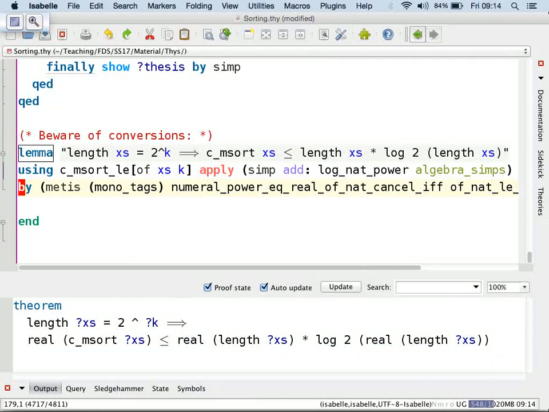If everything is stated in terms of reals, you're okay. But if you have this mixture, then it gets ugly. So that was just a kind of a hint of the complications that can enter the picture if you mix numeric types.